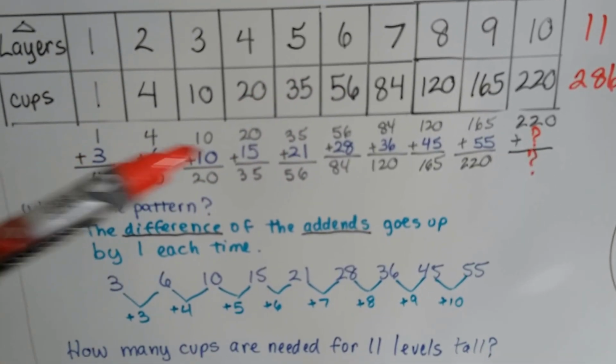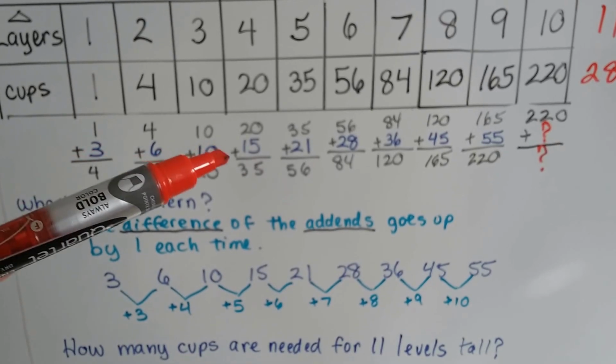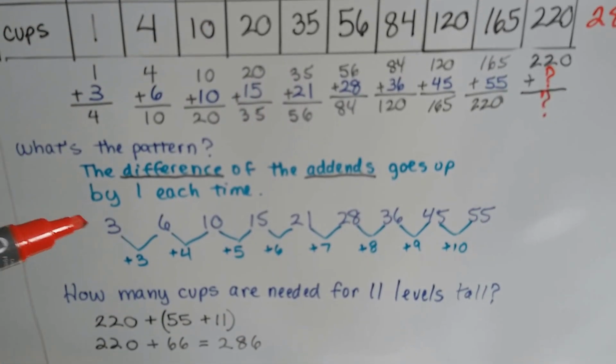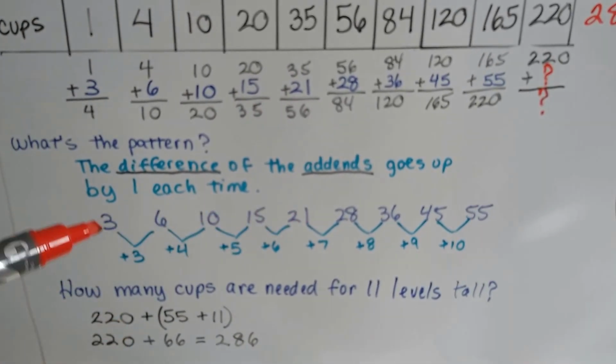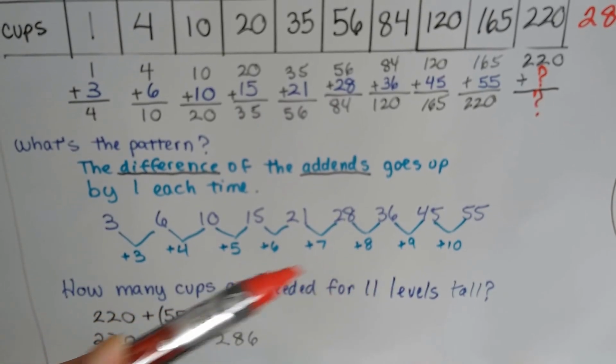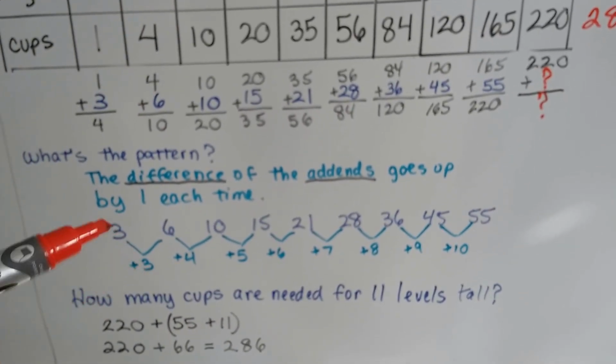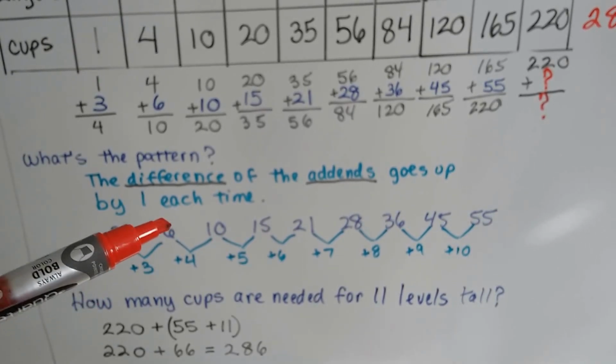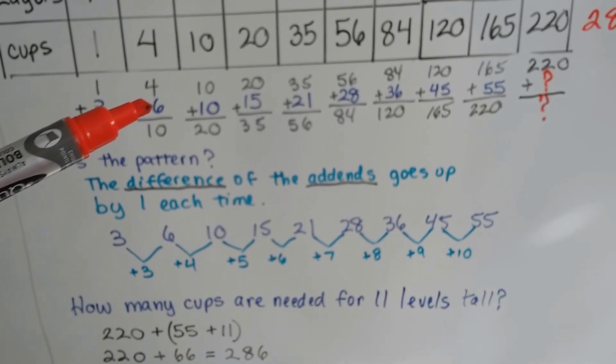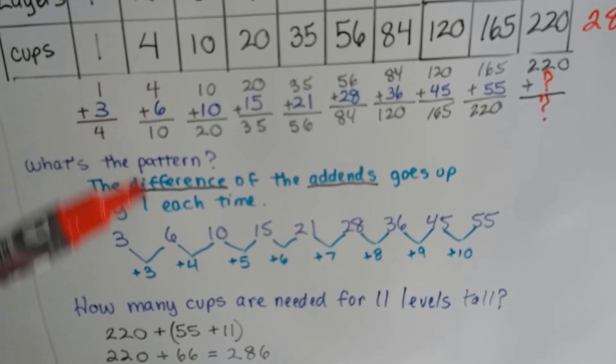Now what's happening here with this 3, 6, 10, 15, 21, what's happening with these numbers is they're going up by 1. See? Just like the layers are. We add 3 to 3 and we get a 6. See? And then we know to add the 6 and the 4 together.